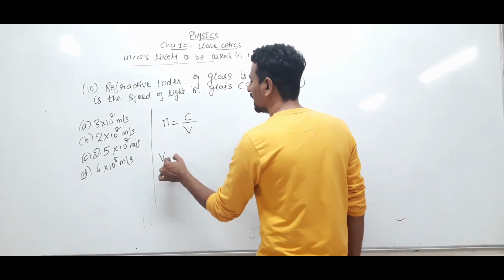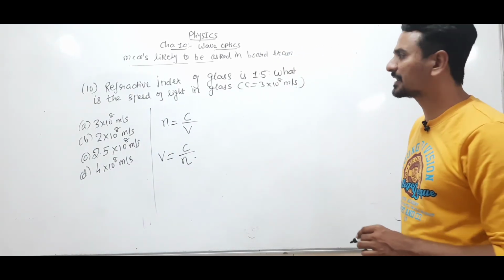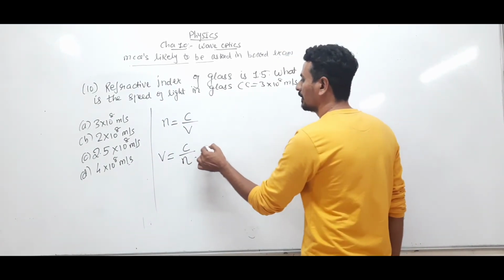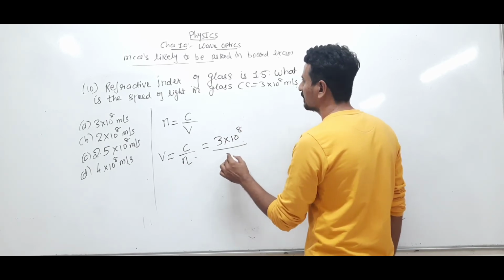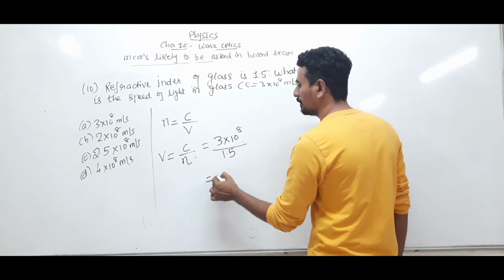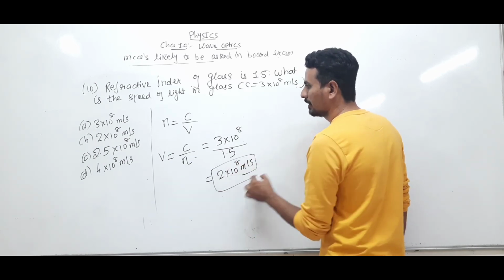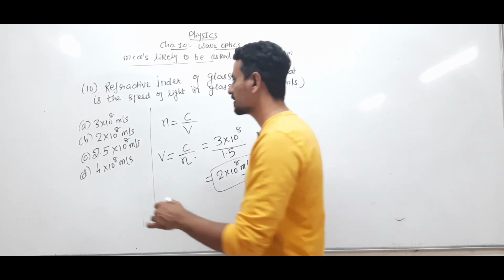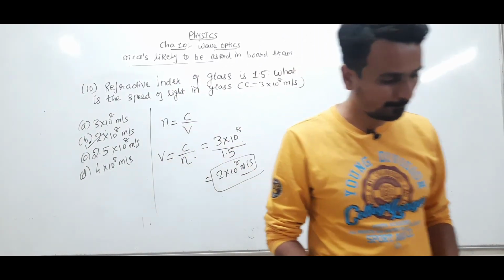So V is equal to C upon N. We need to calculate the speed of light in glass. So this is equal to 3 into 10 raised to 8 upon 1.5. So this will be 2 into 10 raised to 8 meter per second. That means B is your correct option. Clear? Fine. The next one.